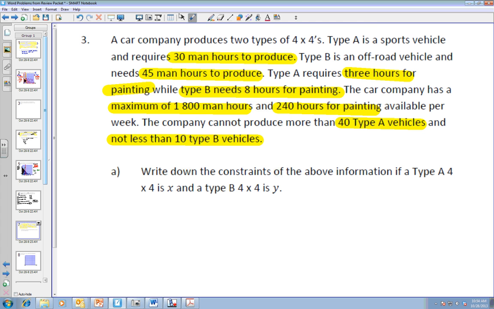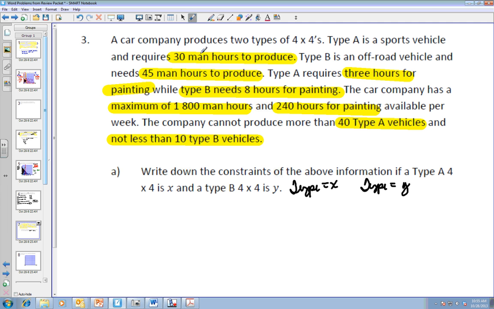All right, so part A, write the constraints of the above information if a Type A 4x4 is X. So we're going to say Type A is X and Type B is Y. Let's start from the very beginning, where they talk about man-hours.